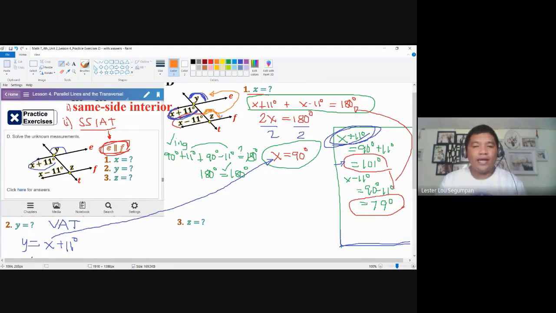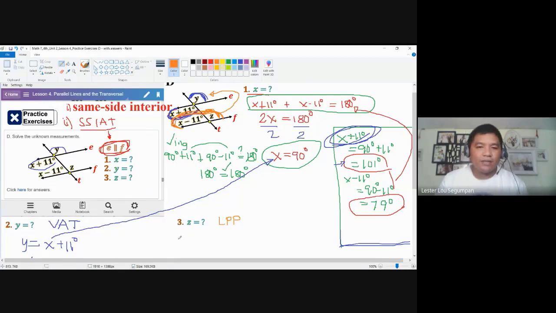So to avoid that, let's use this angle and this angle here having the variable x, and they are forming a linear pair. By the linear pair postulate, the sum of their measurements must be equal to 180 degrees, since angles forming a linear pair are supplementary.